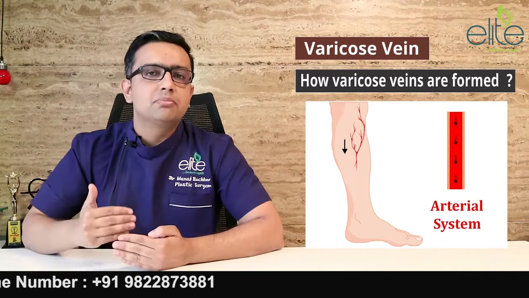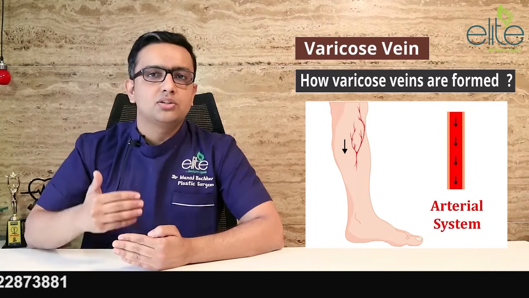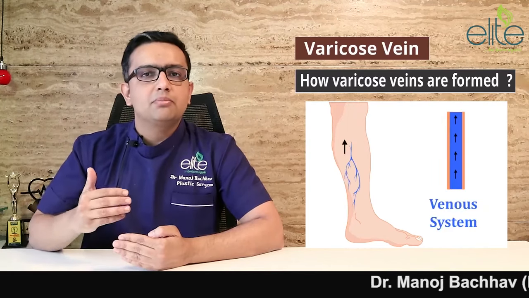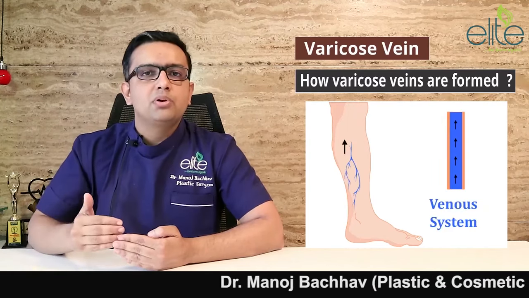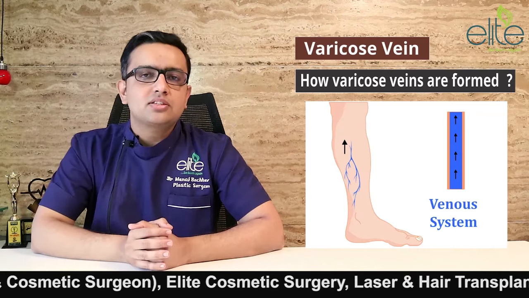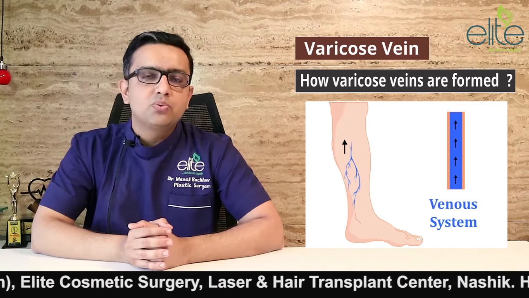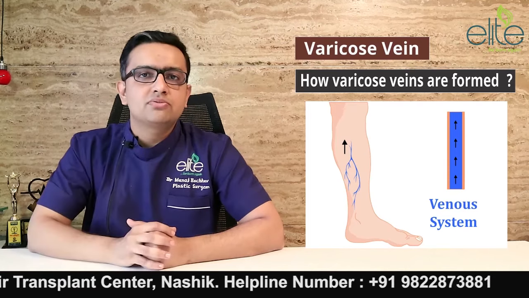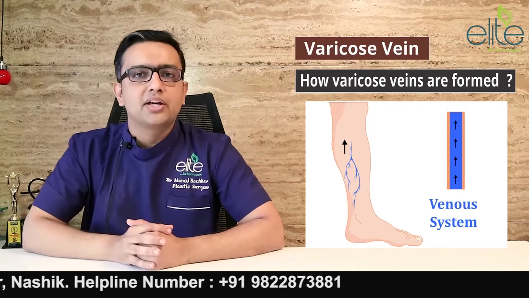The arterial system brings the pure blood from the heart towards the periphery, that is the lower limb, and the venous system brings the impure blood from the periphery, that is from the legs, upwards towards the heart. So basically veins have to carry the blood upwards in an anti-gravity manner. So how do the veins function, how is the blood carried in the upward direction?